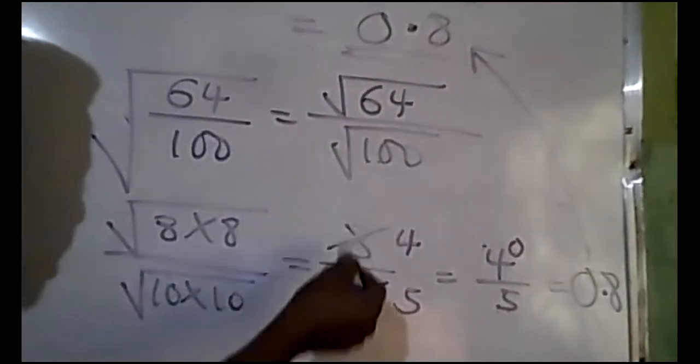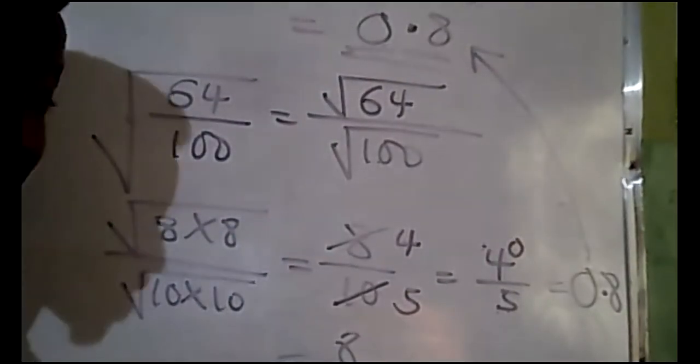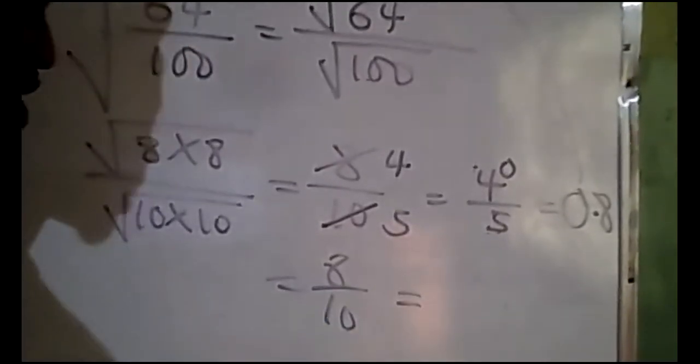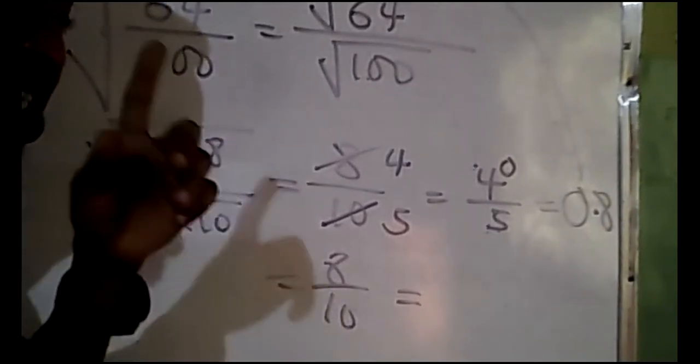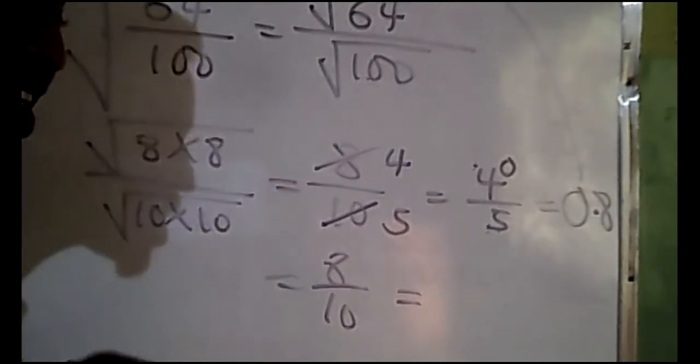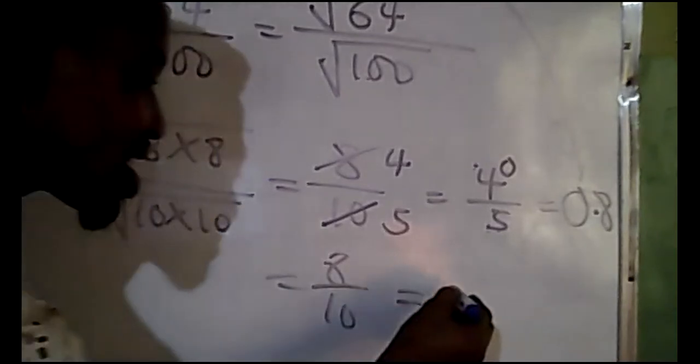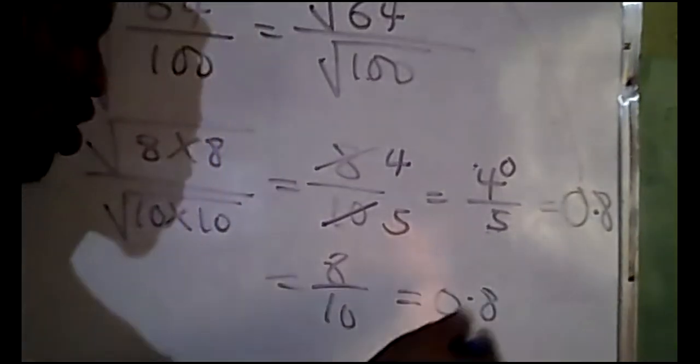So even from here, from your 8 over 10, you can get your answer. How do you write it in decimal? Don't forget I said if there is one digit after your decimal point, that means it's over 10. So it means it's 0.8. How?